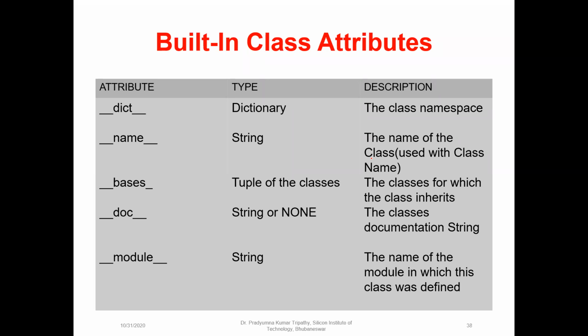If I give __bases__, it will return the classes from which the class inherits. So the base class, the entire inheritance, it will show you. If it is __doc__, it gives the class documentation string. What should this return? The documentation string; already I have told you earlier.